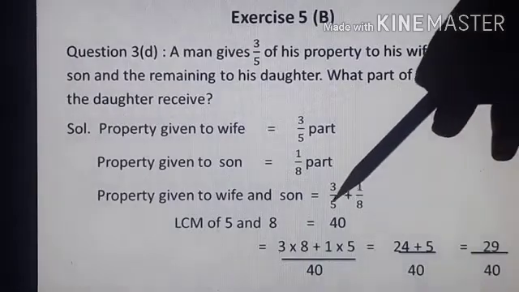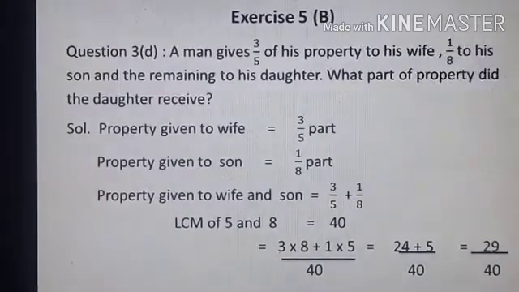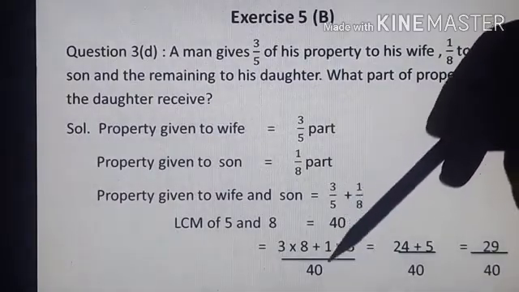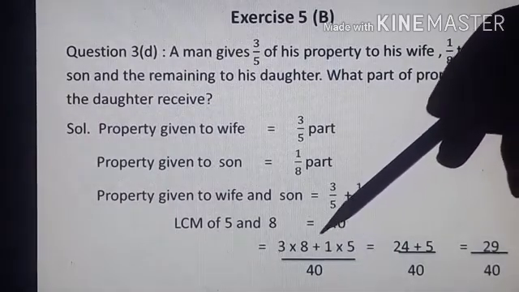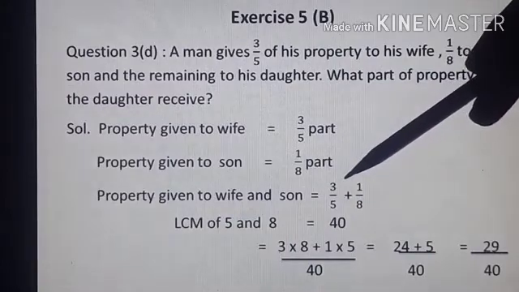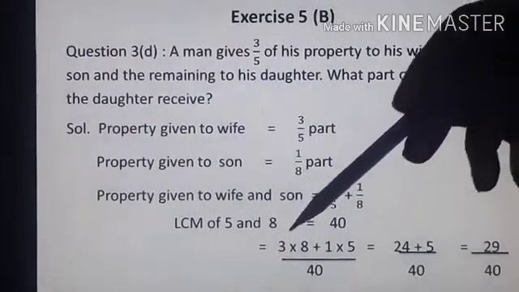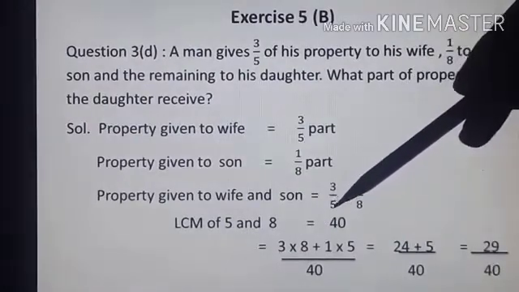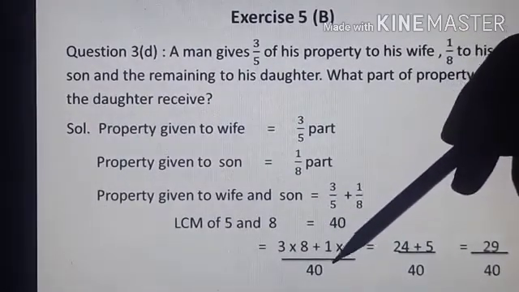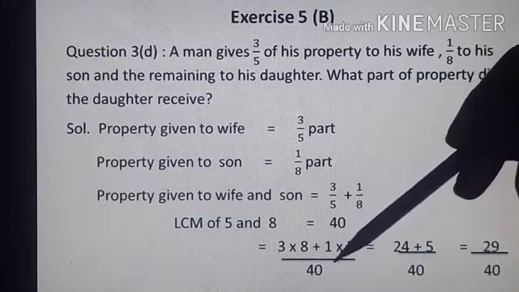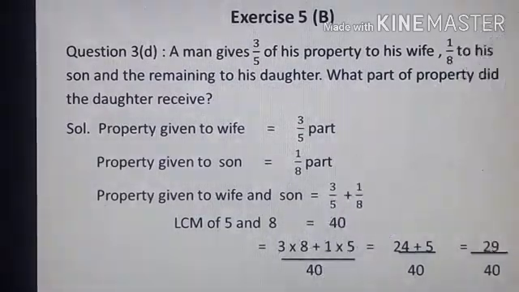Okay, 5 and 8, so product will be there. 5 8s are 40. Now denominator is 40. 40 divided by 5, you will get your answer 8. 8 will be multiplied with 3. Okay, numerator will be multiplied with the quotient, which we will get after division of the denominator, and division of this LCM with this denominator.